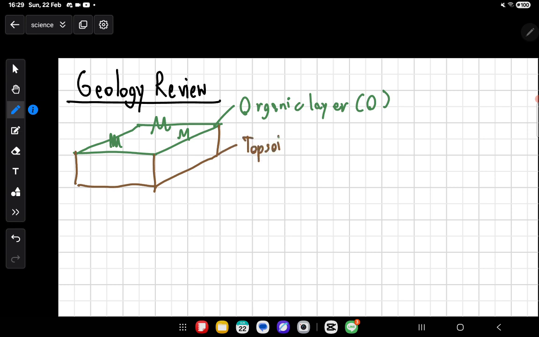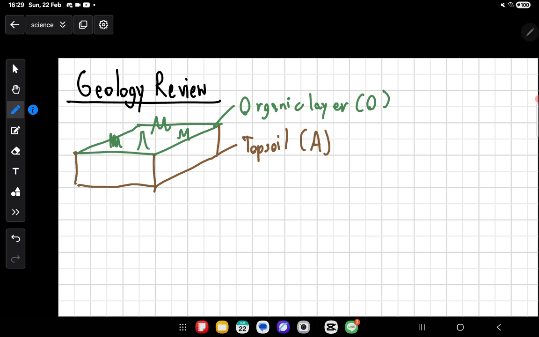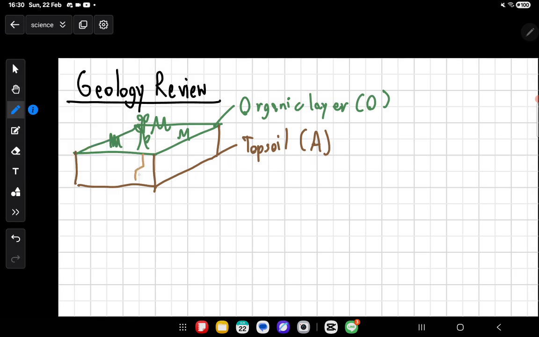So this is the layer where there's topsoil, otherwise known as the A horizon. Now let me draw a plant here, because this will be important for later. As we know, the soil can anchor the plant root, and the plant root is actually going to go down a lot.